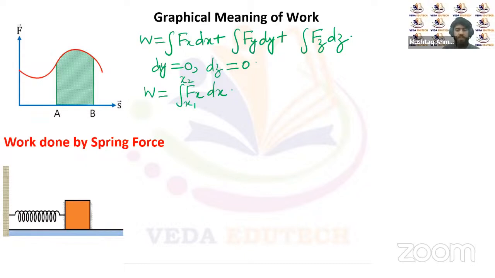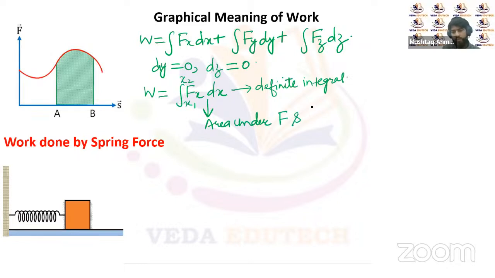This is a definite integral, and we know definite integrals represent the area under the curve, here the area under the force and displacement graph. If we plot force against displacement, with force along y and displacement along x, then the area under this curve will give us the work done by this force.